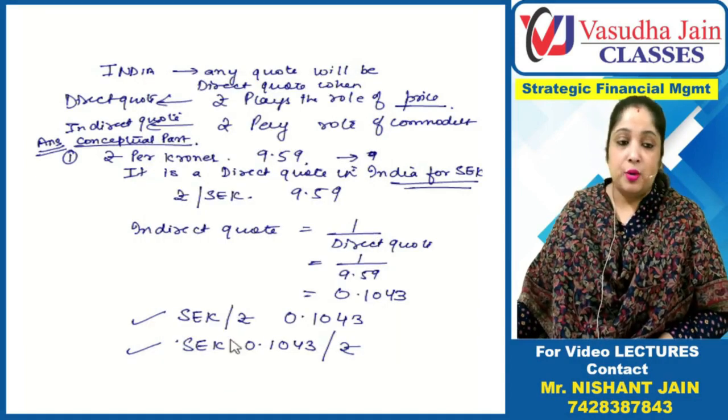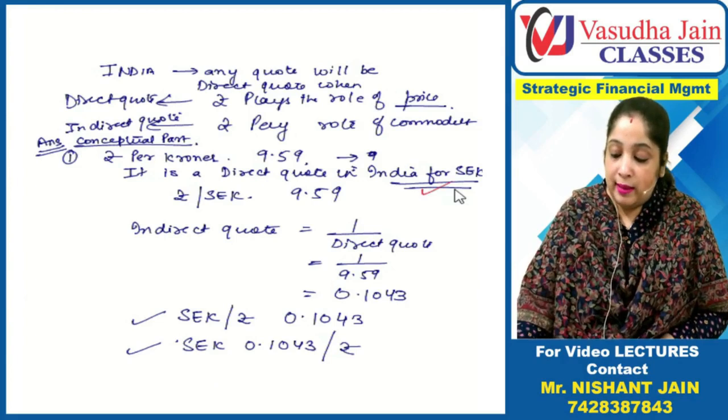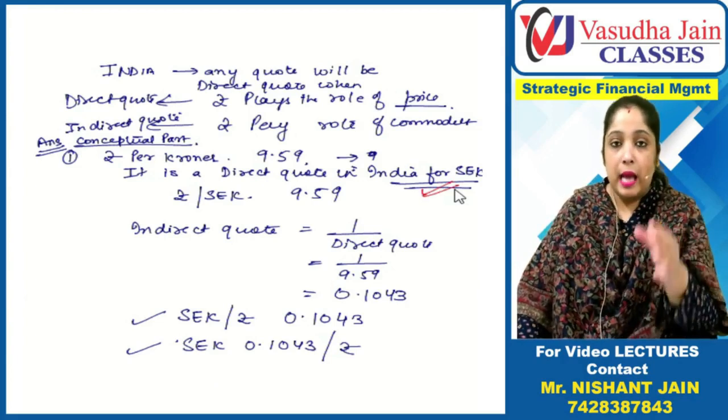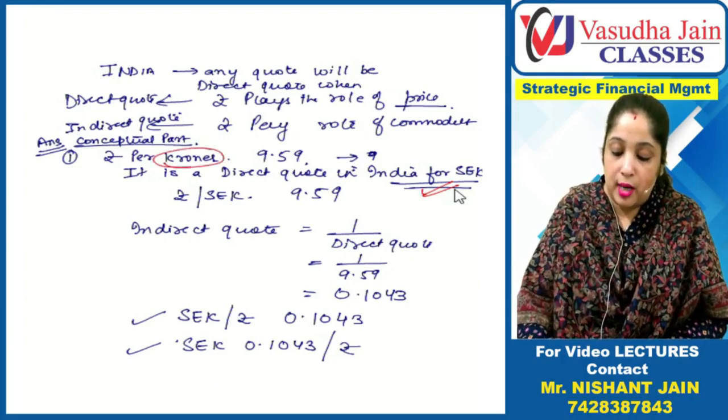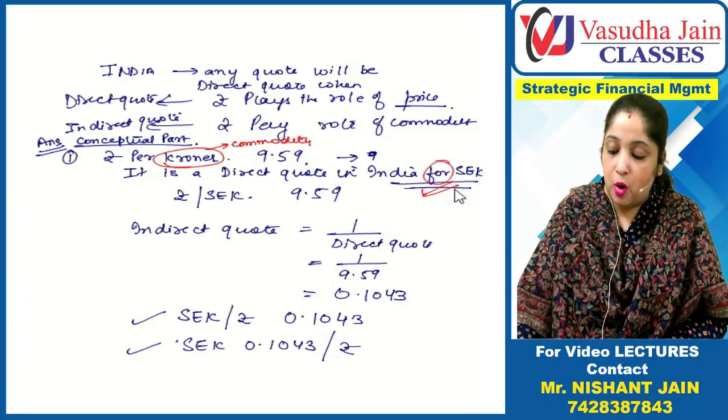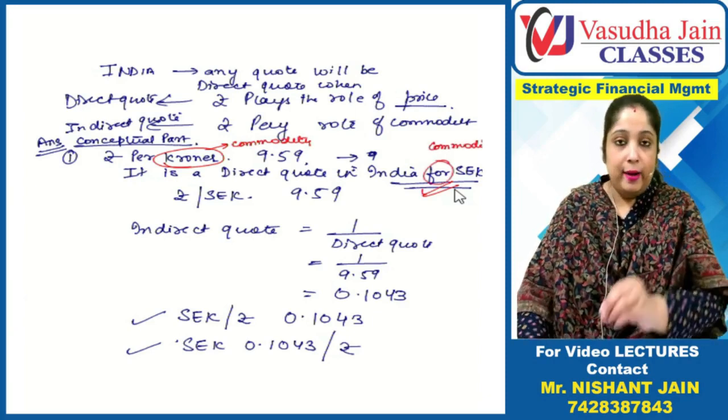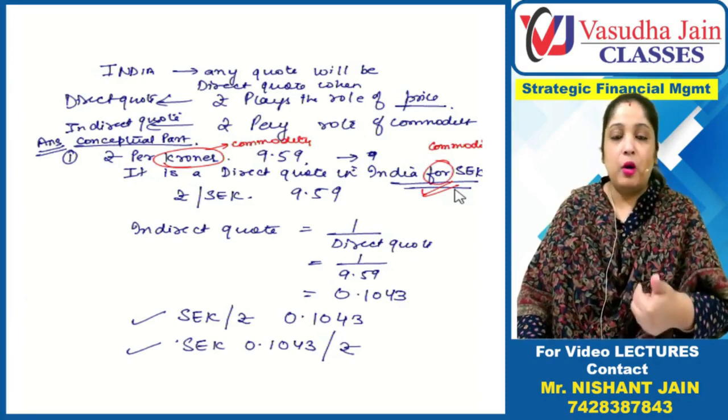What have I written? This is very important, please. If you are a forex student, then you should say it properly. It is a direct quote in India for kroner, because kroner is commodity. I told you, 'for' is the word used for commodity. Hence, it is a direct quote in India for kroner.